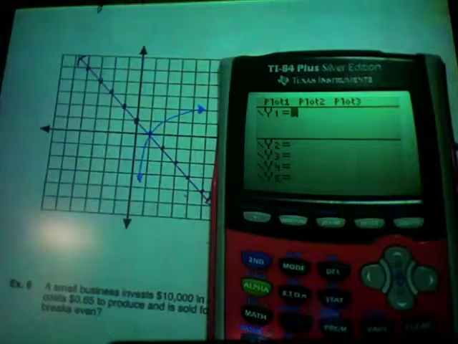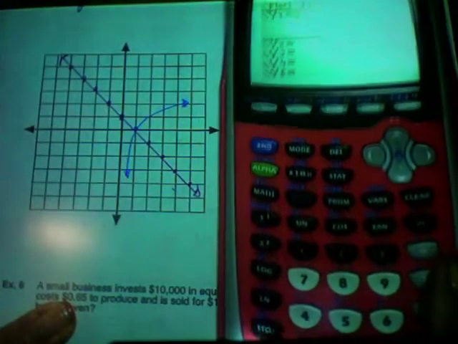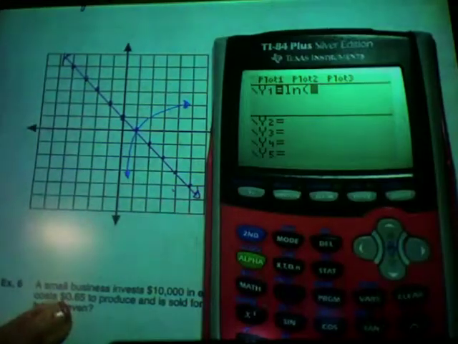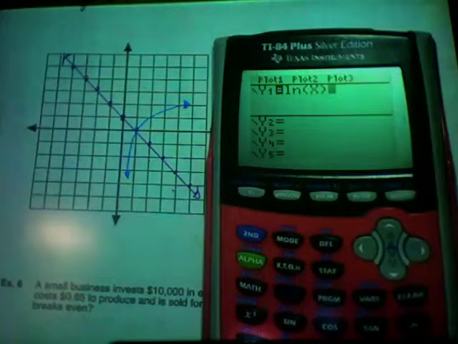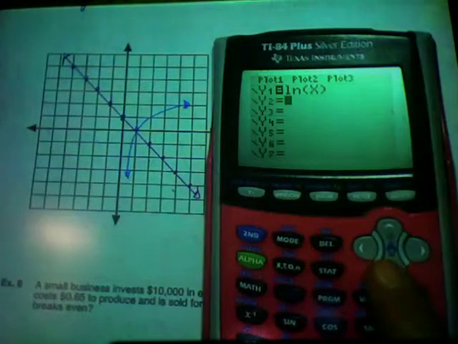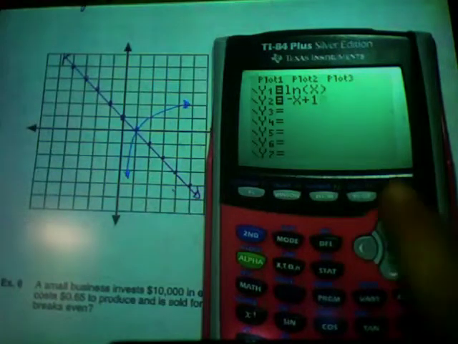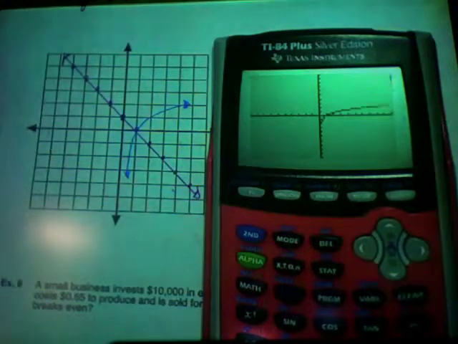Above your 4, near the 4. So right here's your natural log. And then I want to put my x in there. And then for the other one, I'm going to write it in slope-intercept form, so negative x plus 1. So there's the natural log, and there's the linear function.